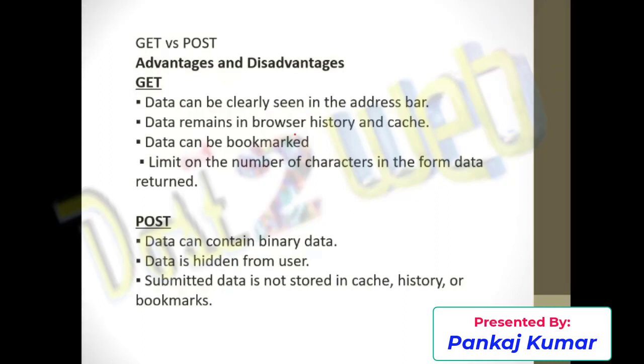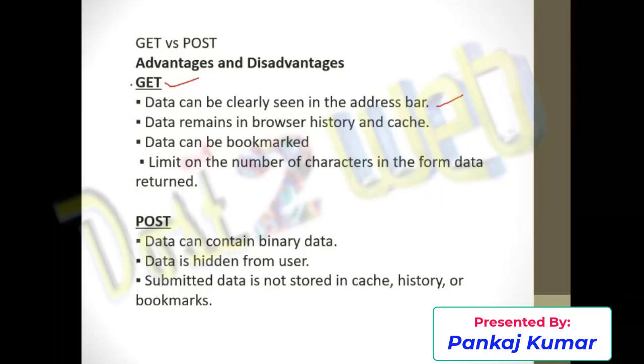Then what is the advantage of get and what is the disadvantage? You can see a few differences here. When you use get, the data can be clearly seen in the address bar, and that is also a disadvantage. It is an advantage when you are developing the portal and cannot find out where your data is being submitted; at that time you have to use get.